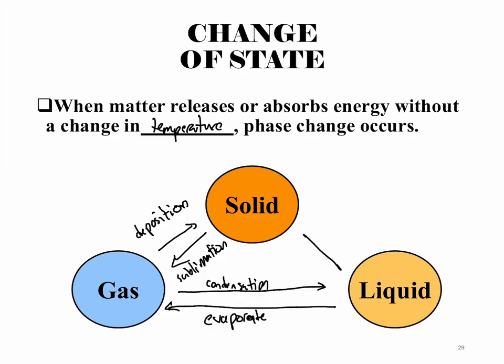From liquid to solid, what's that transition called? Freezing. That's the freezing point. Freezing. And from solid to liquid, what's that called? Melting point. So those are the different phase transitions between the three states of matter that we care about.